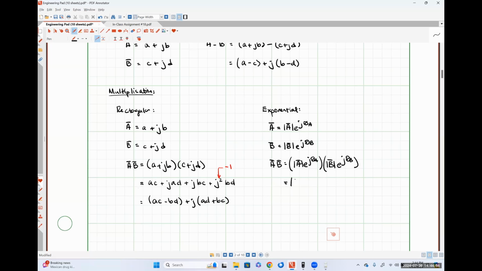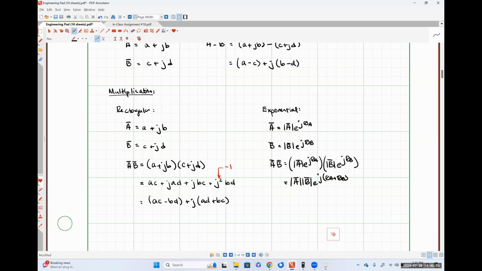So my magnitudes would multiply. And then what happens when I multiply two exponentials together? They add. Exactly right. So the arguments add. So I would have j theta A plus j theta B, or simplifying, j times (theta A + theta B).